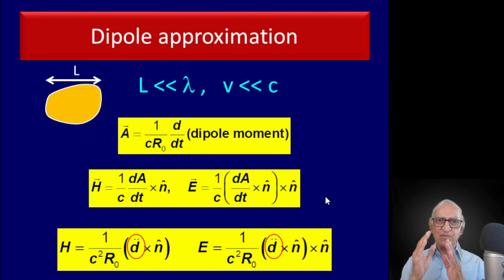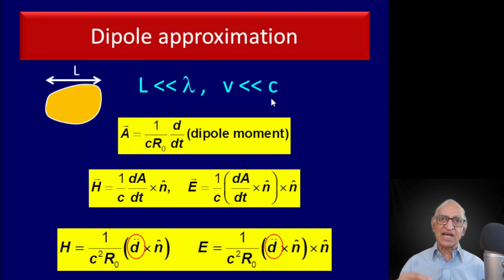So here is the fundamental result. If you are willing to make this approximation, that the size of the system is small compared to the wavelength and all velocities are small compared to the speed of light, then the electric field and the magnetic field are given by the second time derivative of the dipole moment.